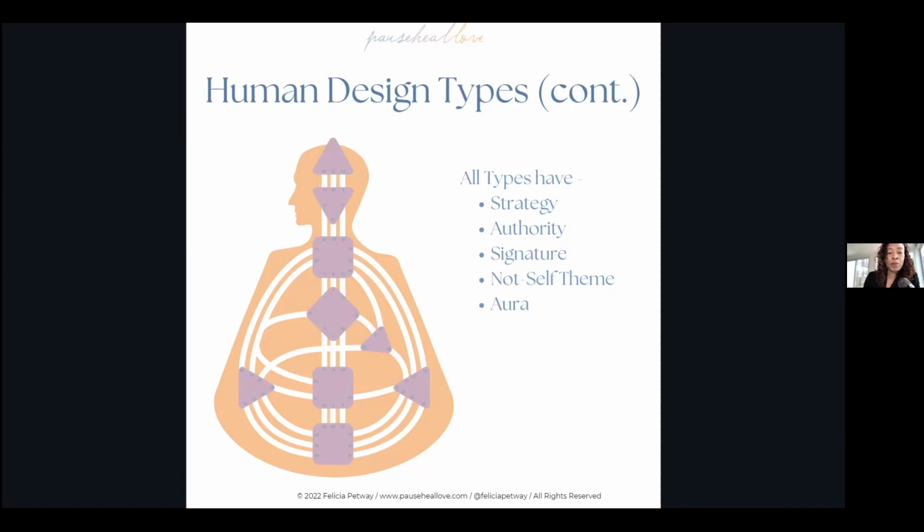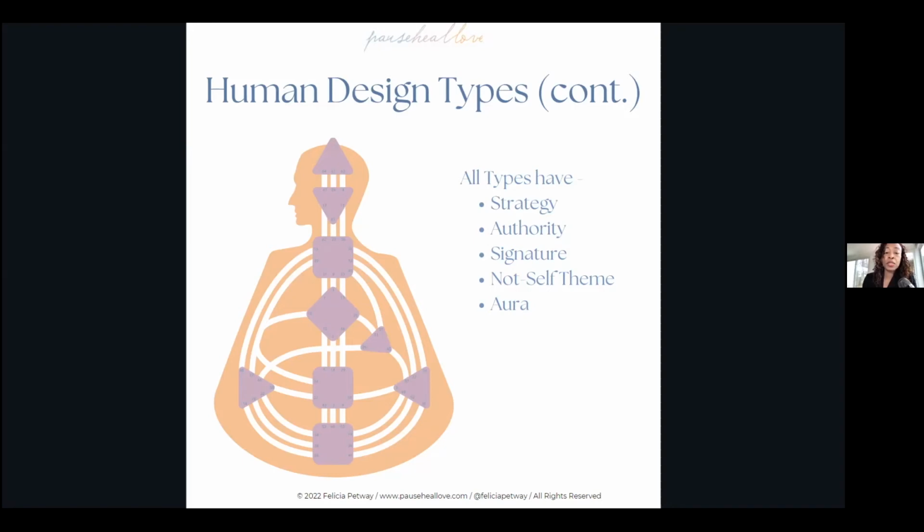When first experimenting with your human design, I recommend you create moments in your life to experience your signature often so you'll know how it feels. The not-self theme is what we experience when we're out of alignment or not following our strategy. Think of the not-self theme as the guide letting you know when you're going in the wrong direction.